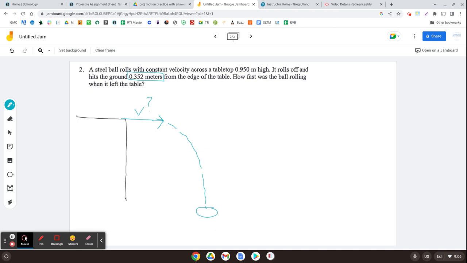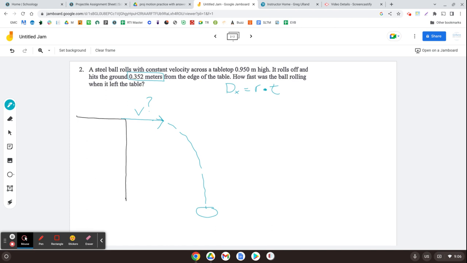I don't think it matters how high it was. Oh, yeah, I think it does. Okay, so look, we know that the horizontal distance, the distance in the x direction, is just going to be equal to rate times time.